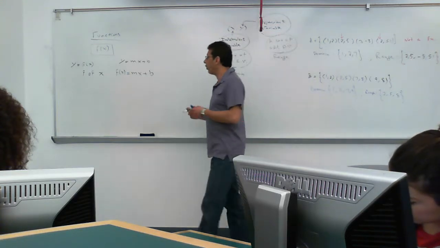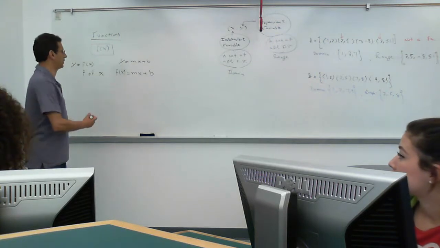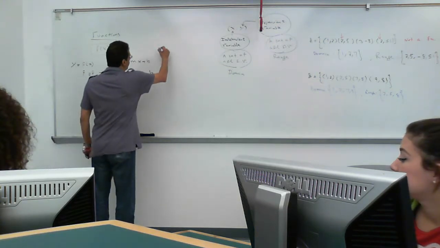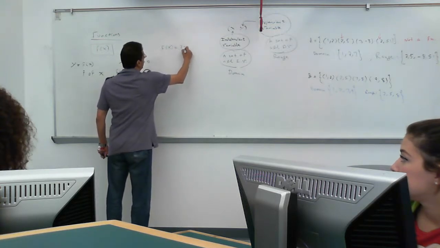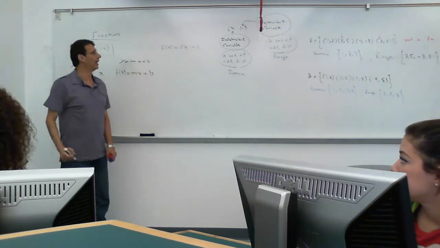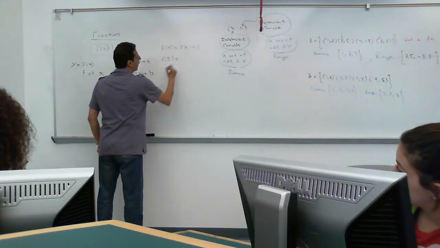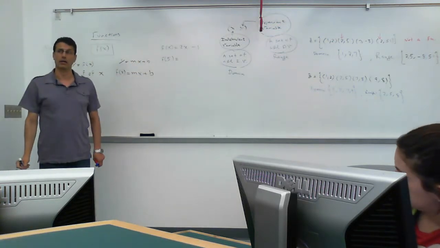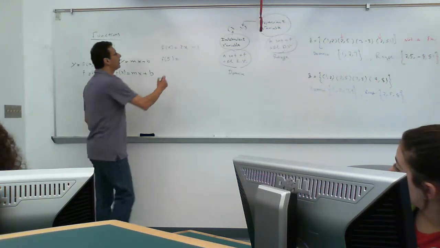One might say, okay, why do we write it in that format? Here's the reason. If, for example, f of x is, let's say, 2x minus 1, and then they say, what is f of 5? What does that mean? You plug in.